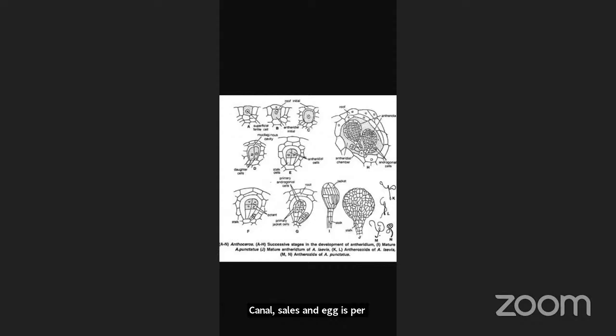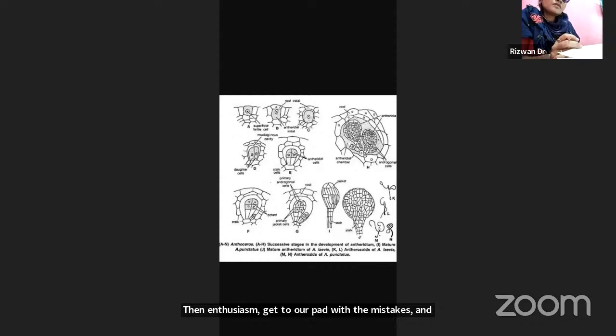At maturity, the neck canal cells and venter canal cells degenerate to form a mass of mucilage.